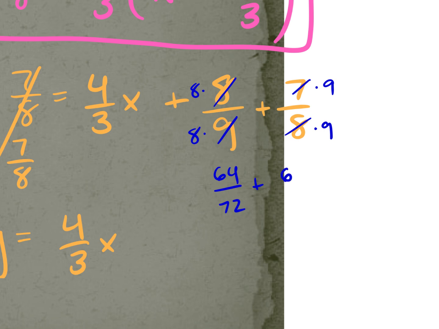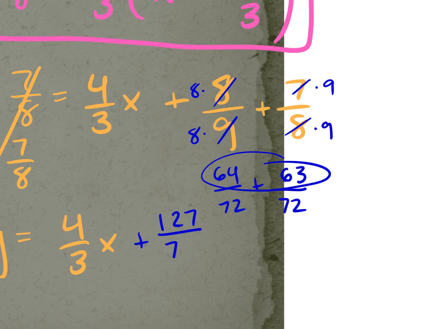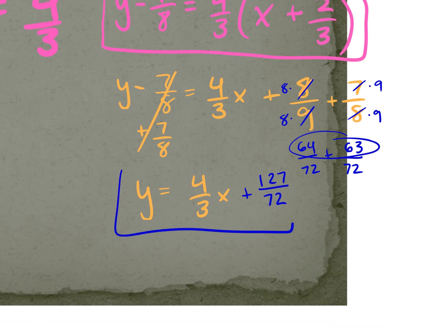So 63 over 72. 64 plus 63 is? If we add the numerators, 64 plus 63. 127 over 72. So this would be our equation in slope-intercept form.